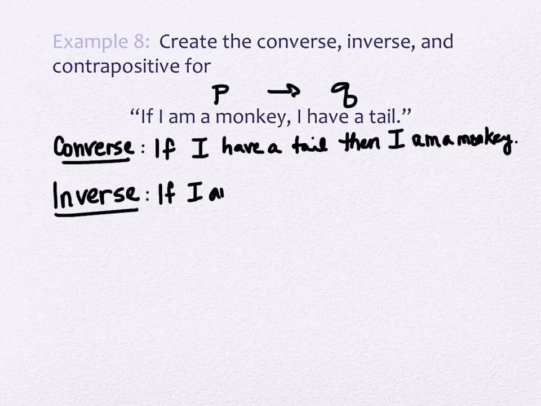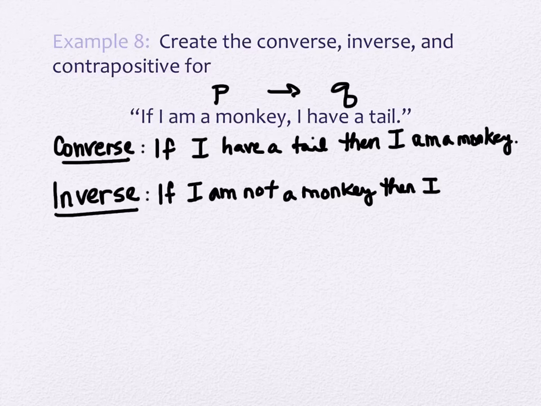If I am not a monkey, then I do not have a tail. True? False. Yeah, it's a false statement, right? Your dogs and cats that you just mentioned a minute ago will work on that example as well.